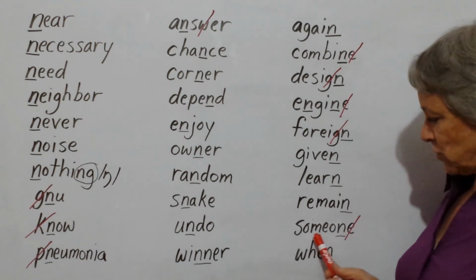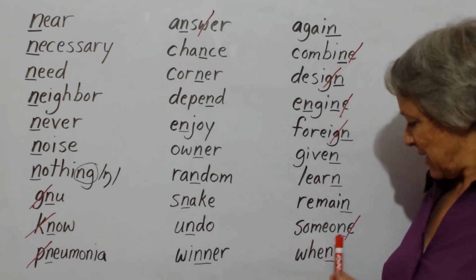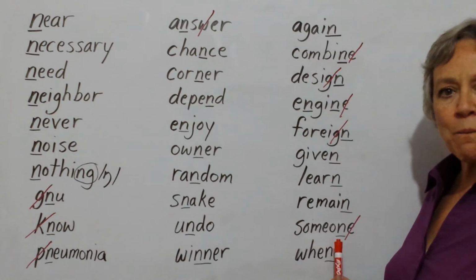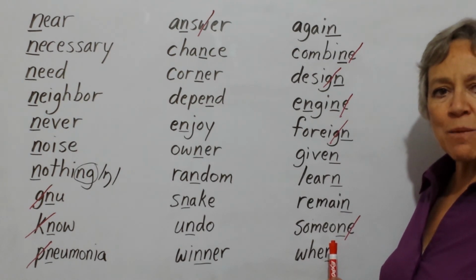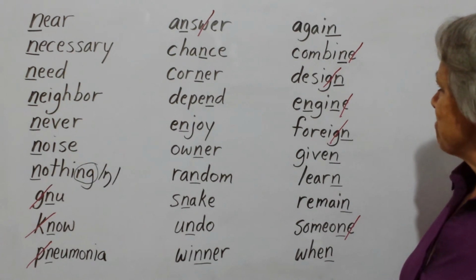Notice in this word we have two nasal sounds. We have the m for the letter M, and we have n for the letter N. Someone, okay? Someone. All right, let's see.